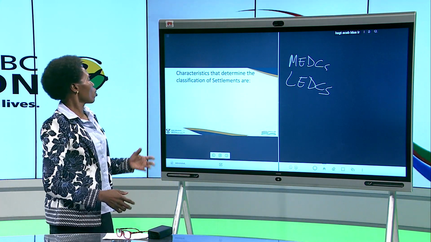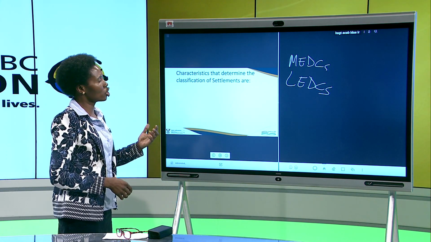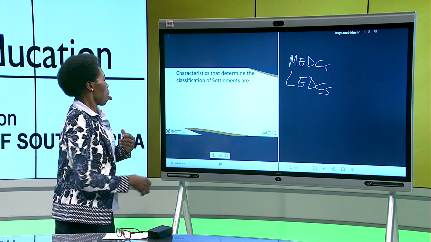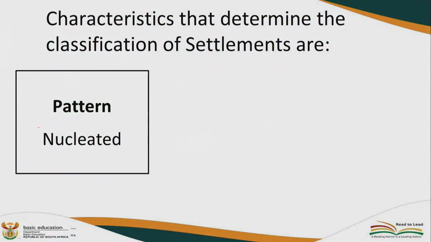Here we are talking about the characteristics that determine classification of settlement. When we look at the settlement, it has things that are determining that this is an urban settlement, this is a rural settlement. An urban settlement is classified according to pattern, size, and function.